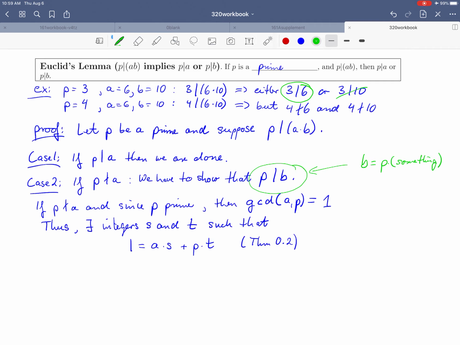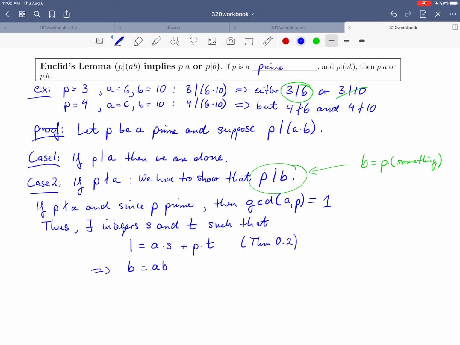So we want to write b as a multiple of p. b is nowhere in sight in our equation right here. So we are going to make it appear by multiplying the entire equation by b. If I do that on the left-hand side, I just get b. And on the right-hand side, I have two pieces, and both of those need to be multiplied by b.